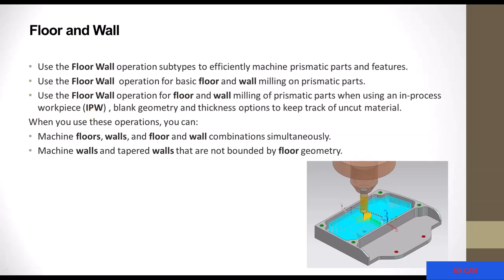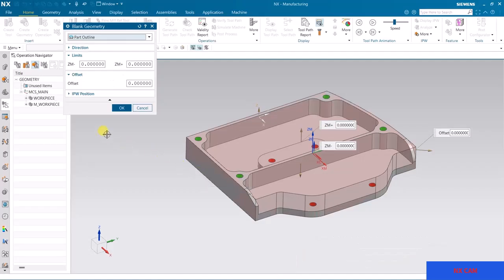And thickness: we have only 2 mm material on this floor, so we can also specify the thickness of the material on the planar face so that we can cut it. So we will see all three operations. First we will use this blank geometry and IPW. This time I am using part outline.